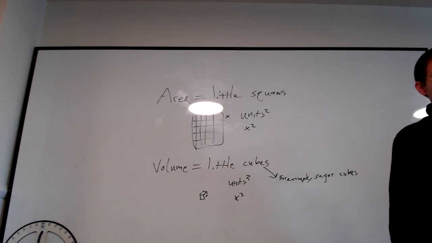Area is just how many little squares. There's no third dimension to it. It's just flat, and it's how many little squares will fit inside. Volume is three dimensions, which means you're going to get that third dimension. So now we're looking at how many cubes fit inside that whole figure, okay? That's why it's units cubed when you're working with volume.